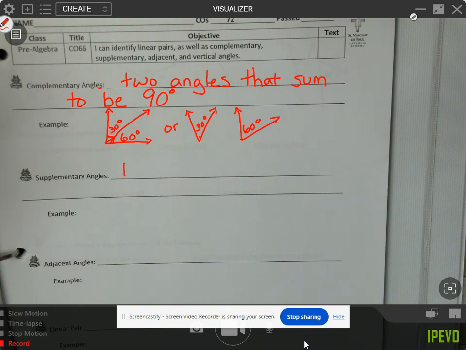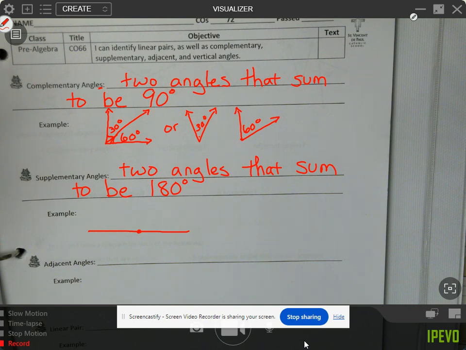So Jude is correct in the two angles that sum or add to be, it is not 360 degrees. 180 degrees. So yesterday we talked about an angle that equaled 180 degrees. Does anybody remember what that was, Grayson? A straight angle.